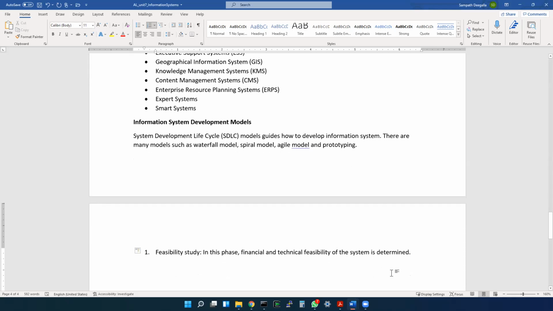Right. The second stage, we call requirements analysis. Requirement analysis. So what do you need to do, right? You are going to gather all the requirements in this phase.